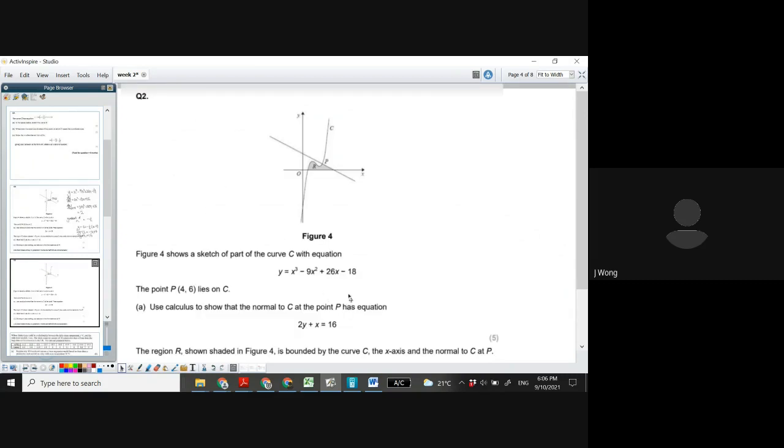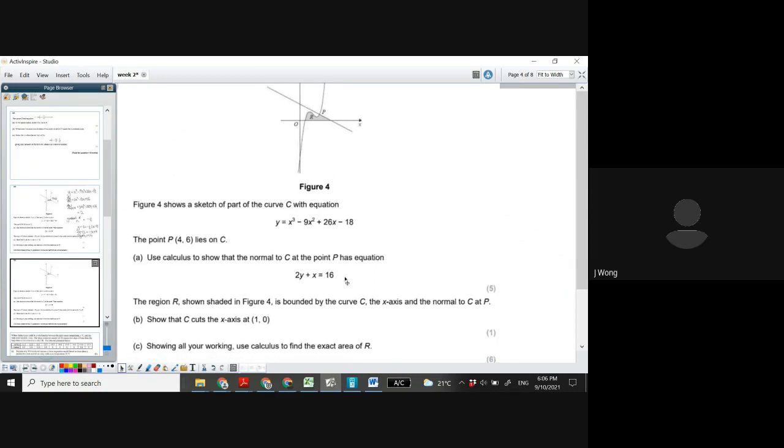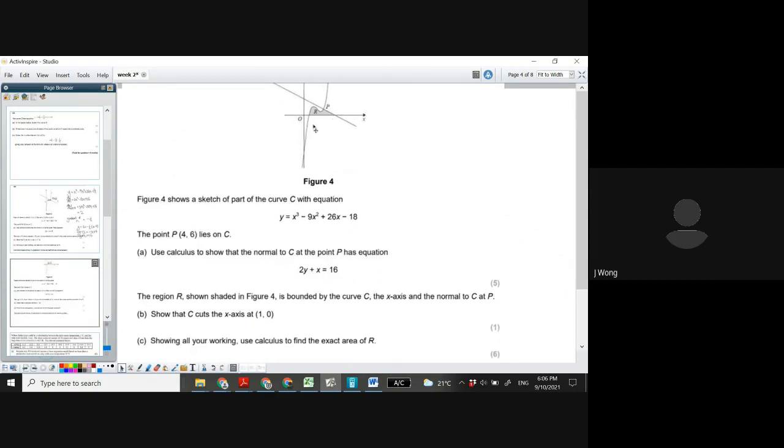Now, they say that the region R is bounded by the curve C together with the x-axis and the normal to C at point P, and hence that area there. So firstly, they want to show, using just one mark, that the curve C cuts the x-axis at this point 1, 0.